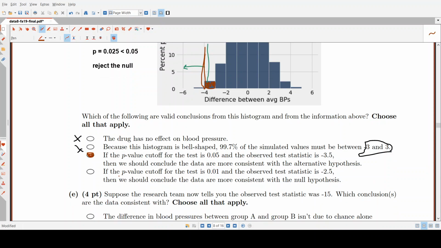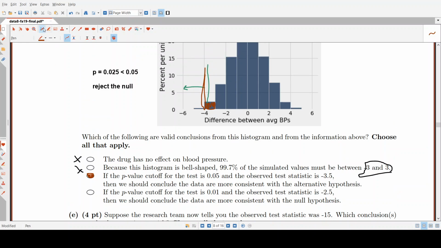The fourth option is if the p-value cutoff is 0.01 and the observed test statistic is -2.5, then we should conclude the data are more consistent with the null. So let's again draw a line where -2.5 is, and that's going to be right here. So all the data to the left of this line is more extreme.